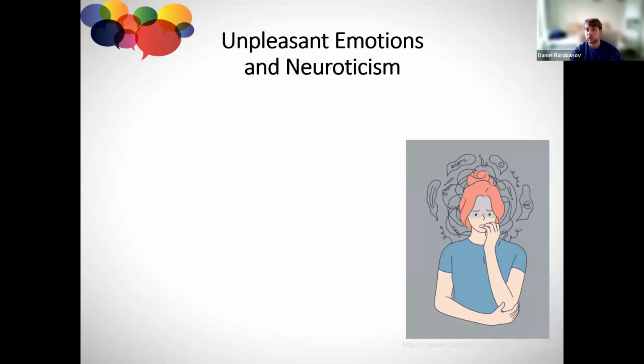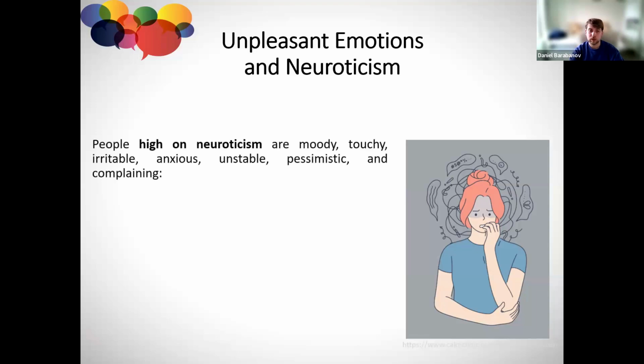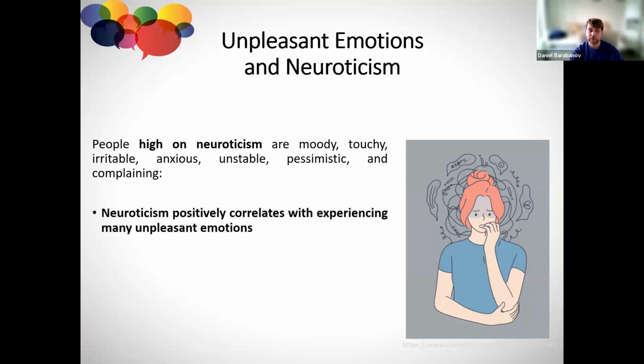Neuroticism has a lot of connections with unpleasant emotions, obviously, just because of the definition of neuroticism. People who score high on neuroticism are moody, touchy, irritable, anxious, unstable, pessimistic, and complaining, right? So they experience more negative emotions, and they experience them in a wider range of situations.